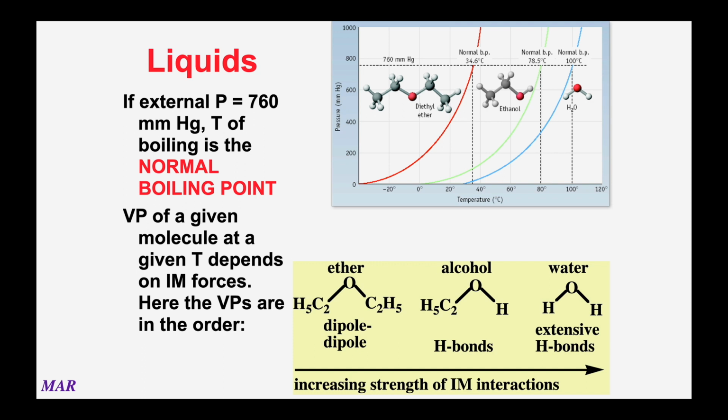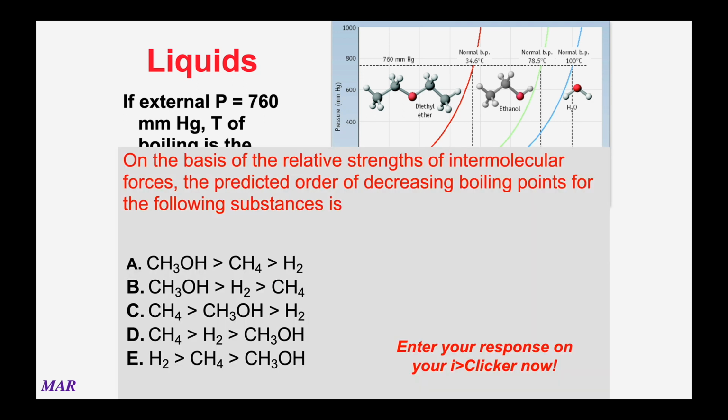These intermolecular forces hold on to the other molecules stronger, so it takes a little bit extra energy to make them boil. So on the basis of the relative strengths of the intermolecular forces, the predicted order of decreasing boiling points for the following substances is, and there's 3 substances here we're looking at.